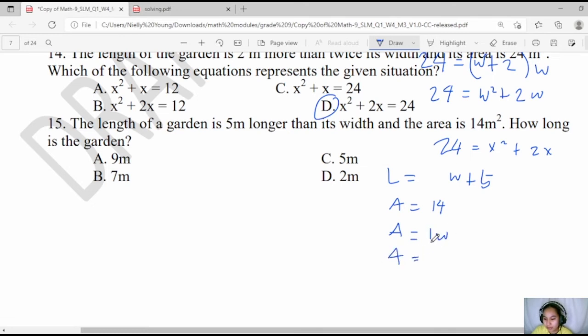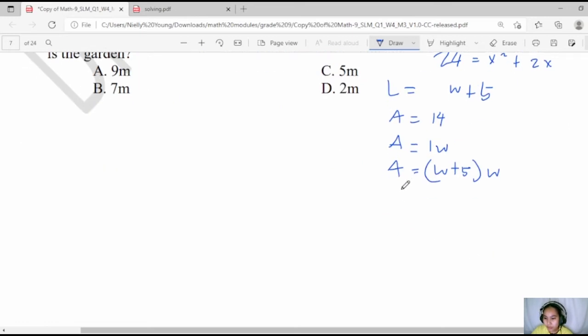We have w plus 5 times w as width. So 14 is equal to w squared plus 5w. So we need to transpose this, so that w squared plus 5w minus 14 is equal to 0.